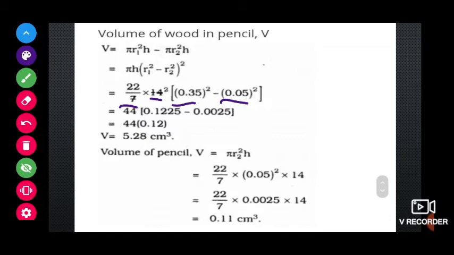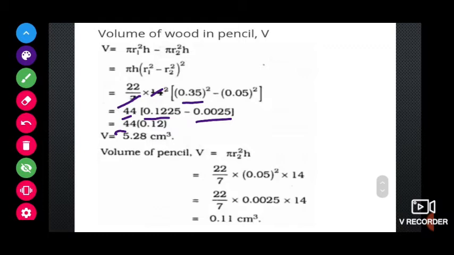Now here if I substitute, 7 ones are 7, 7 twos are 14. So 22 twos are 44 into 0.35 whole square, 0.1225, minus 0.05 whole square, 0.0025. Now 44 into 0.1225 minus 0.0025, we will get 0.12.